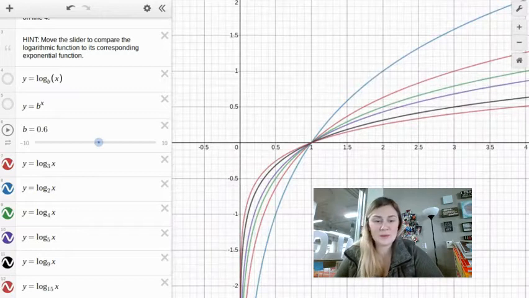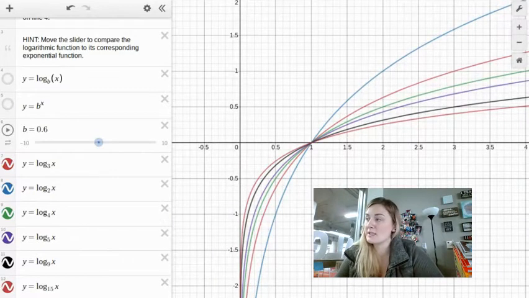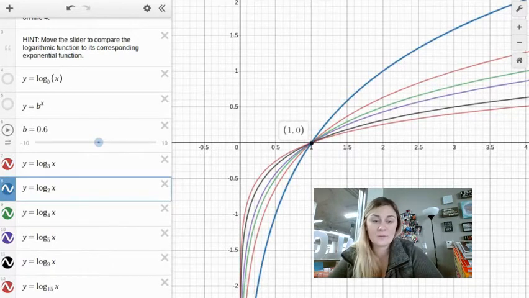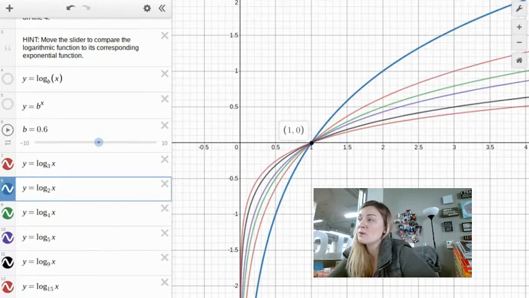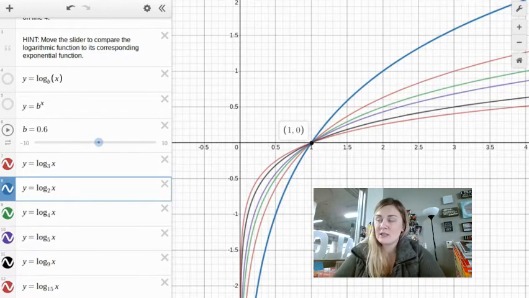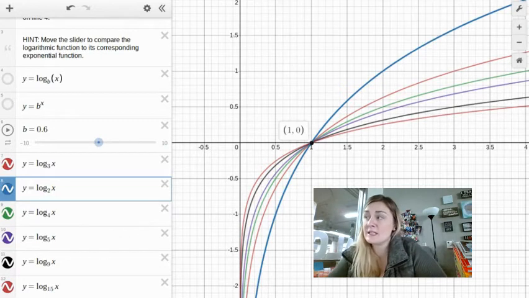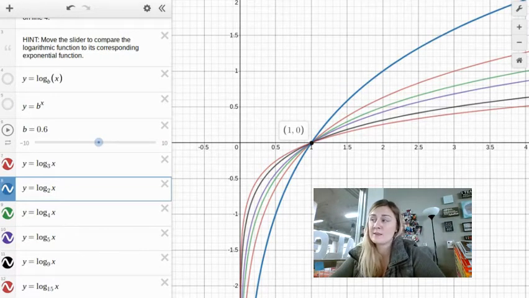I think this is really telling to help us see some characteristics. If you notice, every single one of these lines passes through the point 1, 0. So our logarithms will always have an x-intercept of 1, 0, because anything to the 0 power equals 1. It doesn't matter what our base is.